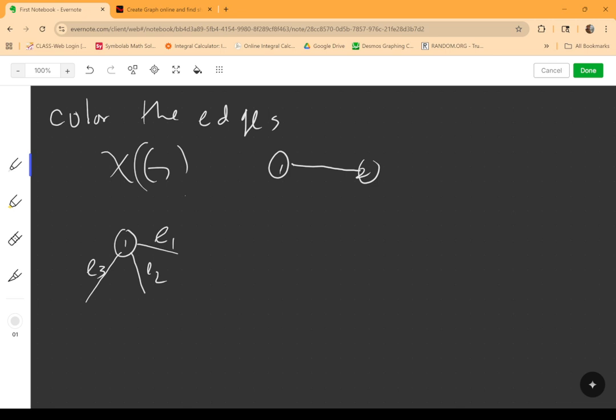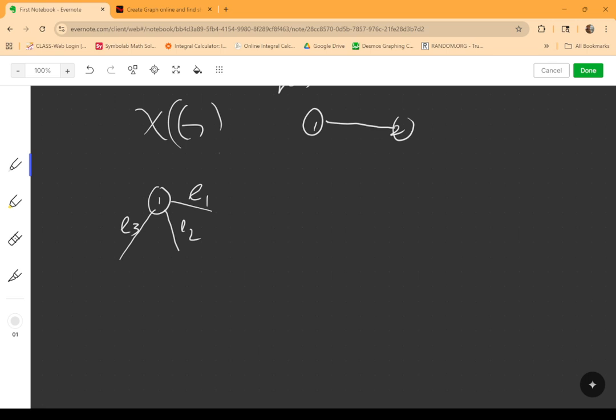Okay, so they share an endpoint, whether it's on this side or the other end of each of those edges. So E1 and E2 are adjacent at 2, and at 1, E1 through E3 are adjacent.